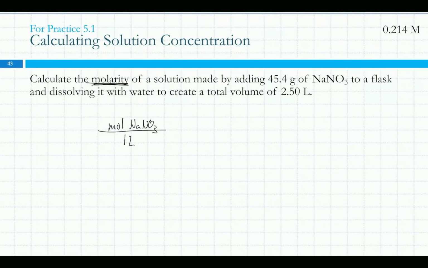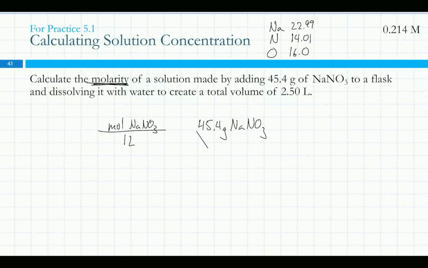So what do we need to do? Grams to moles, right? It gave us grams, but for molarity, we need moles. So 45.4 grams NaNO3. Sodium's 22.99, plus 14.01, plus 3 times 16.